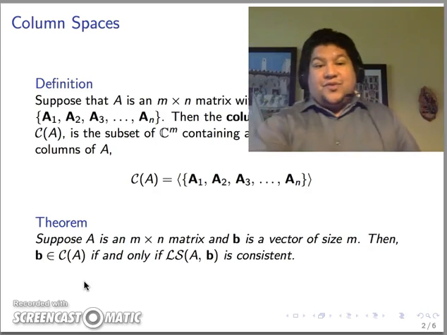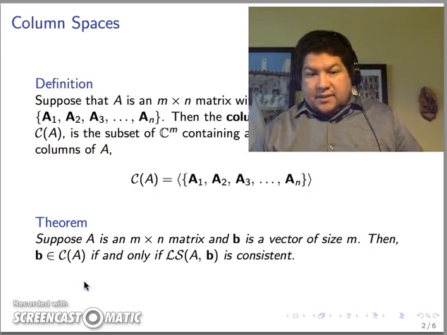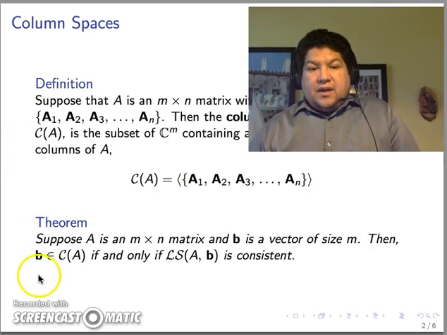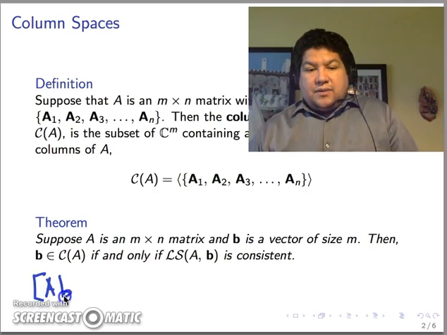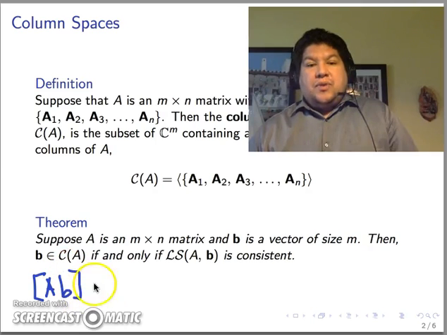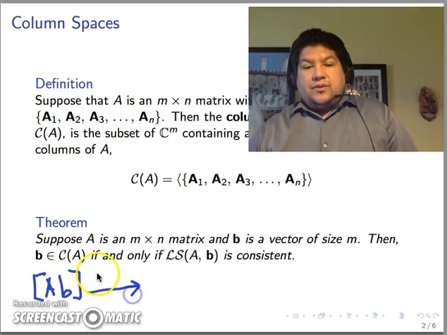So now we refresh our memory and take note that this issue of membership is something that's going to involve creating an augmented matrix. We put the matrix A, we put the column vector B, and then we are going to row reduce.